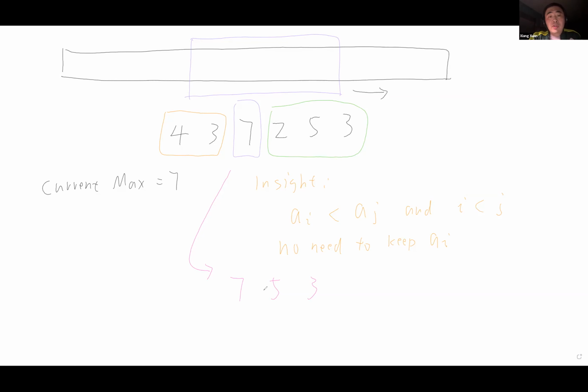If you do minimum, then I think the ones you're going to keep will be something like 2 and 3, I believe. So that's the reason this is also called a monotonic queue or stack, because this is automatically monotonic, right?